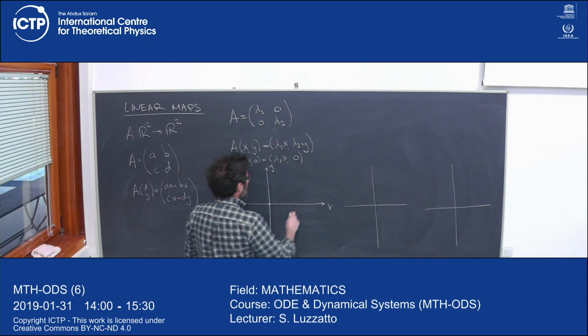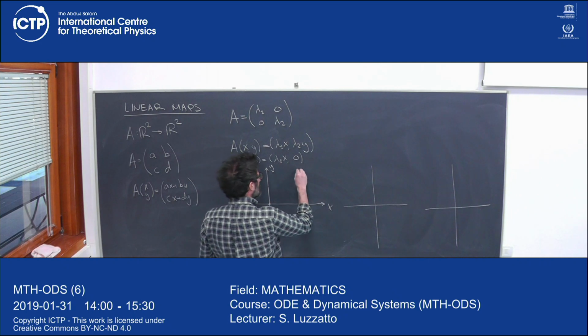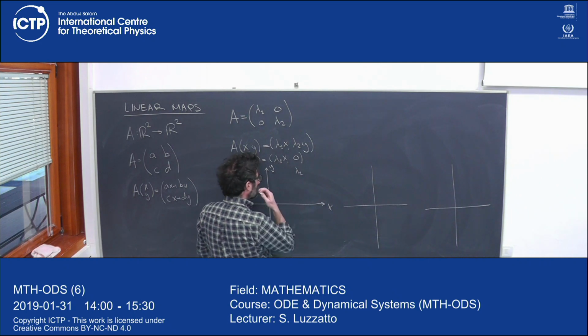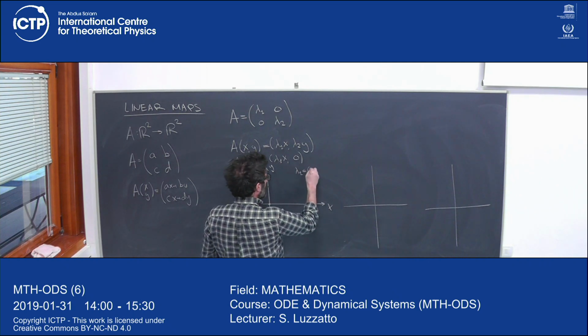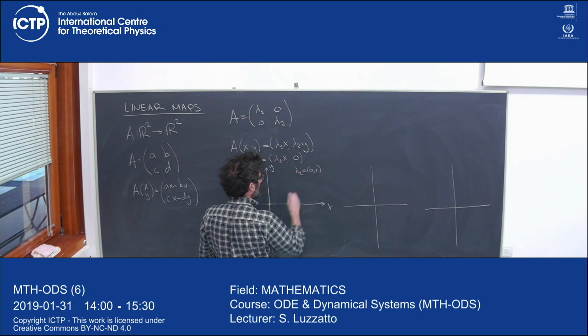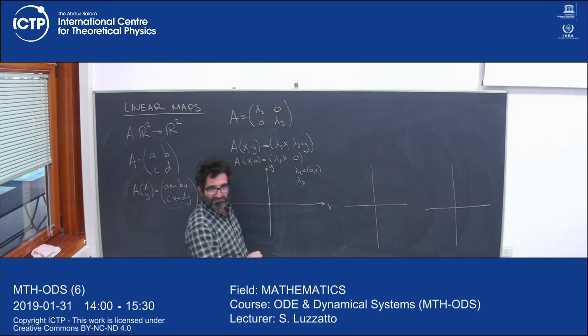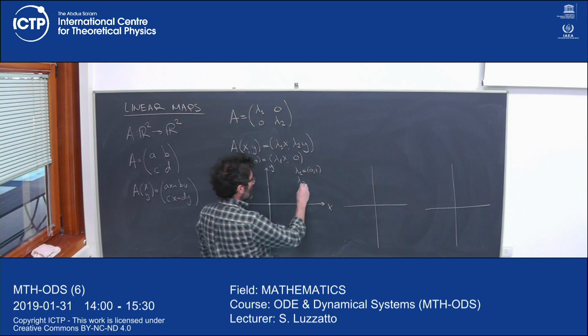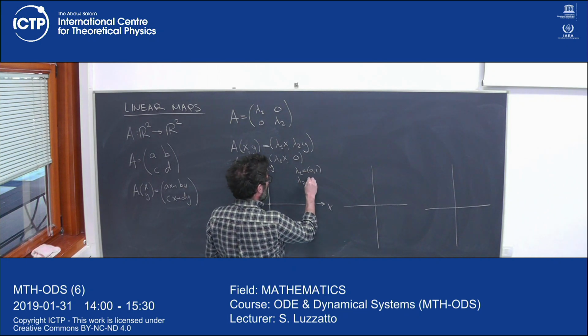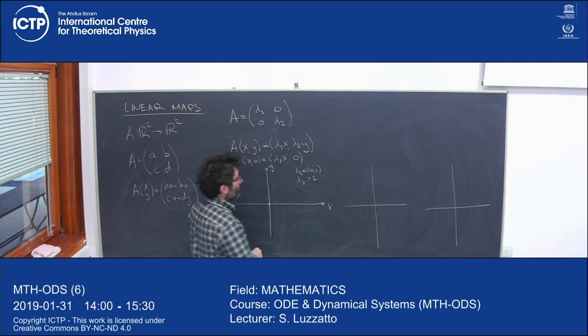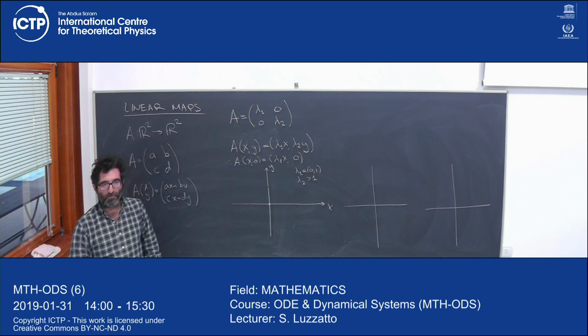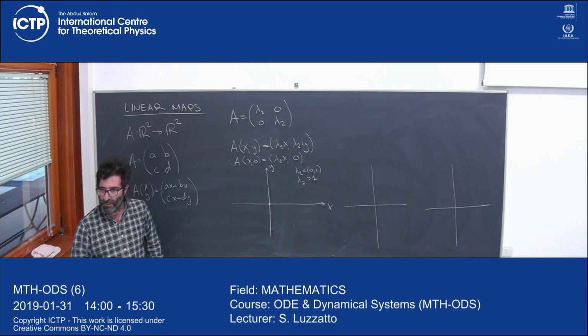Let's suppose, for example, that lambda 1 is between 0 and 1, and lambda 2, what should we choose? Also between 0 and 1? No, let's put bigger than 1. We will look at all the different combinations.